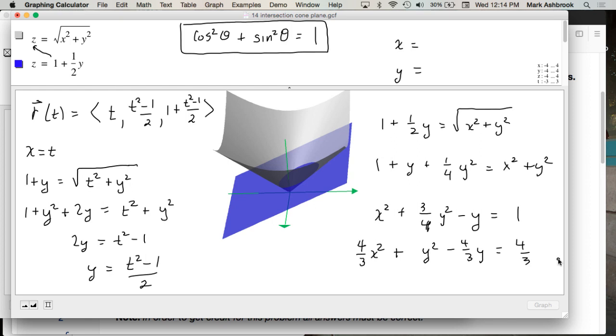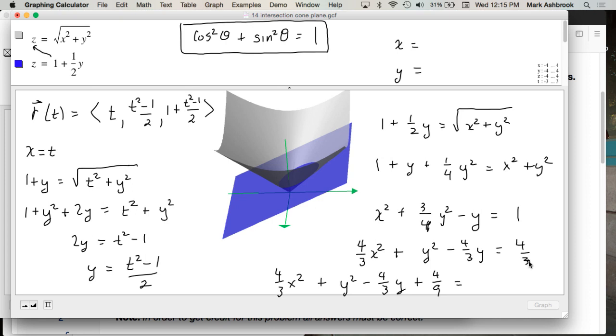Remember what we had to do to get the equation of a sphere? Complete the square, right? We've got to complete the square on y, which is half of the linear coefficient squared, which is what? 4/9. Half is 2/3, squared is 4/9. Add that to both sides.